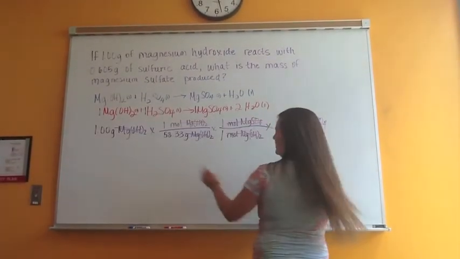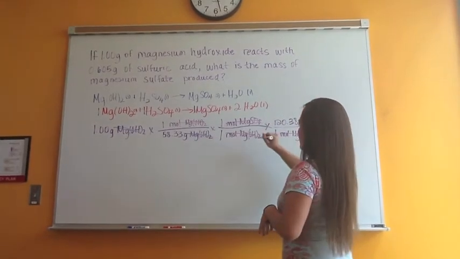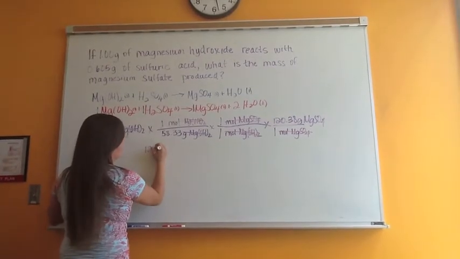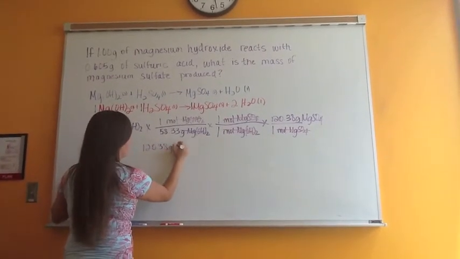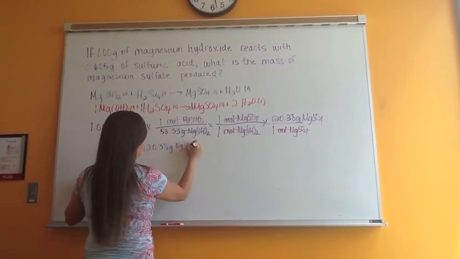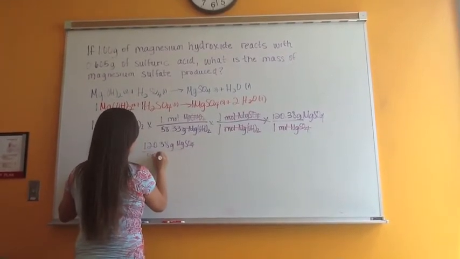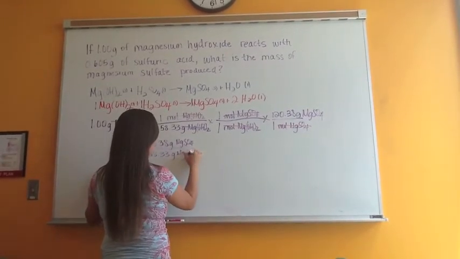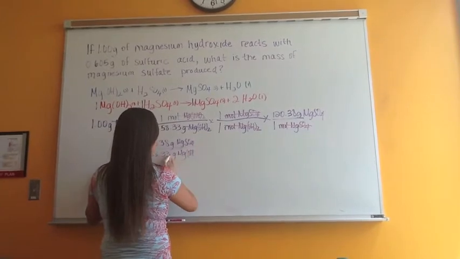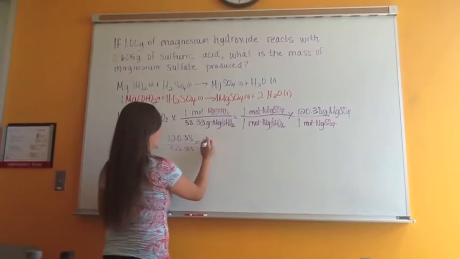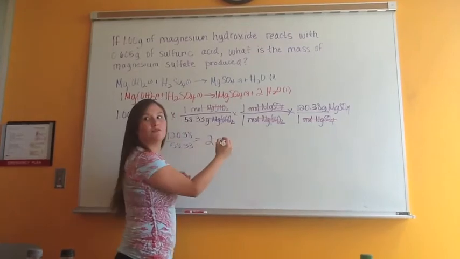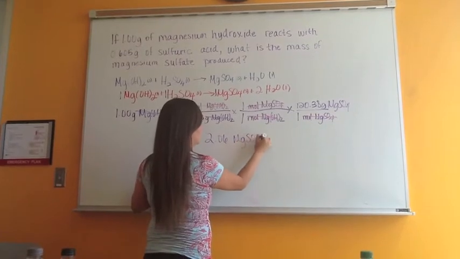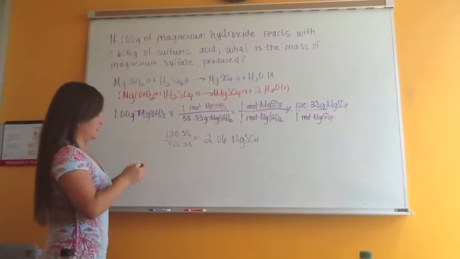Now we take our calculators out and do the math, 120 divided by 58.383, and the result is 2.06 grams of magnesium sulfate.